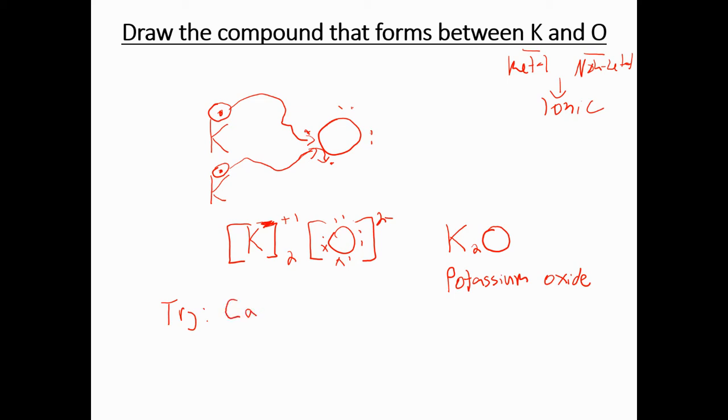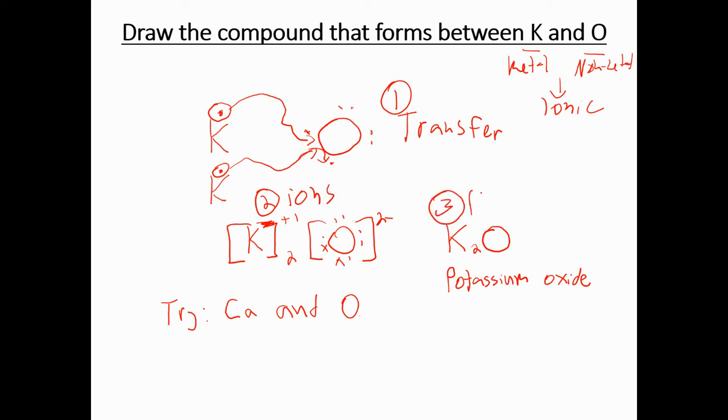You can try the same thing for the compound that forms between Ca and O. So do the same process, show me the transfer of electrons. So you have transfer as your first step. Show me then the ions as your second step.